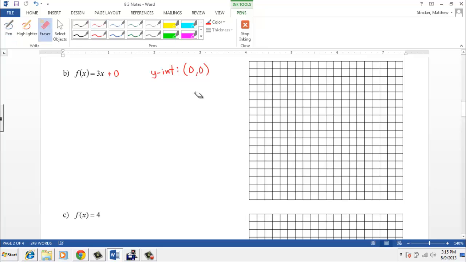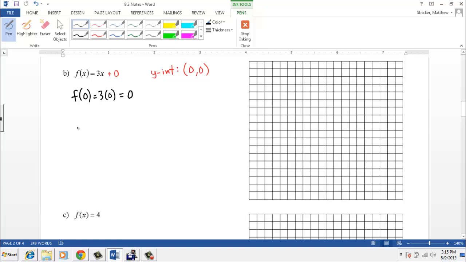Which should make sense, because remember we find y-intercepts by letting x equal 0. We want to find what f of 0 is, which is 3 times 0, or 0.